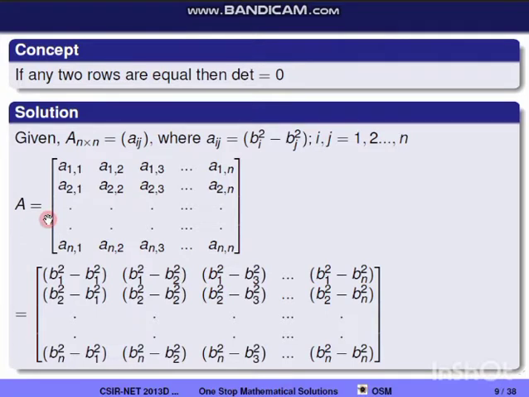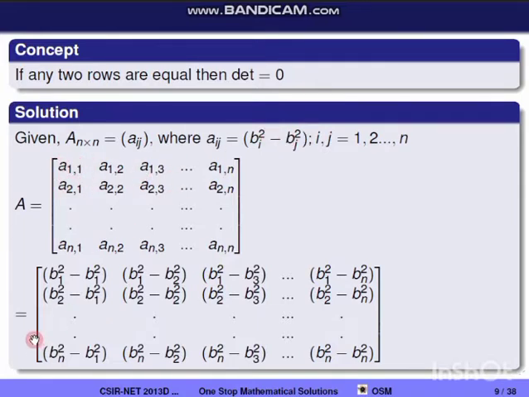So A is equal to A11, A12, up to A1n, A21, A22, A23, up to A2n, An1, An2, An3, up to Ann. Now substitute for each Aij this equation.